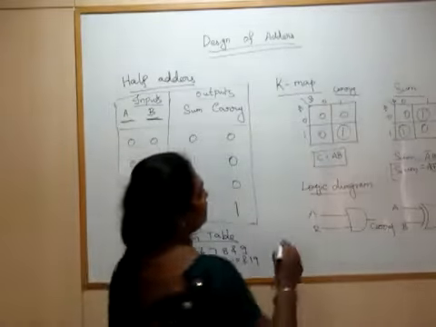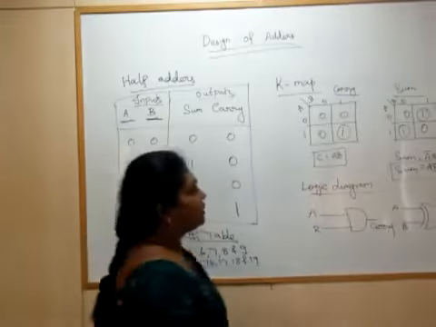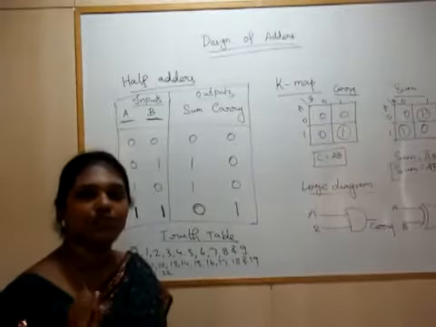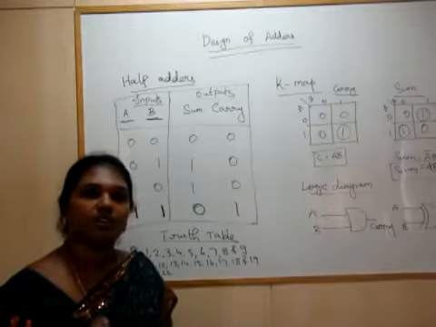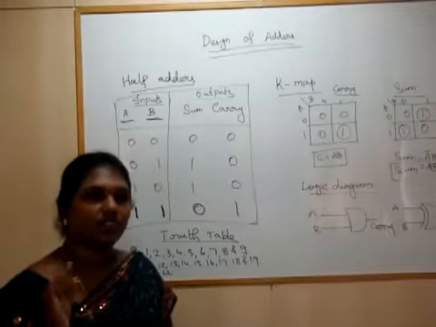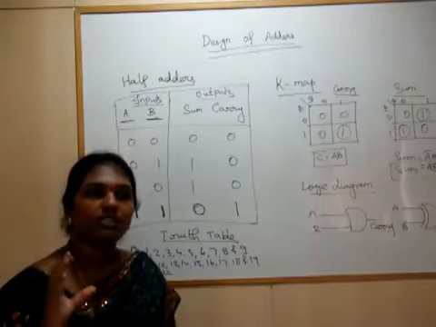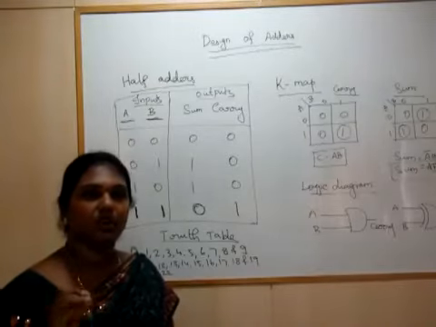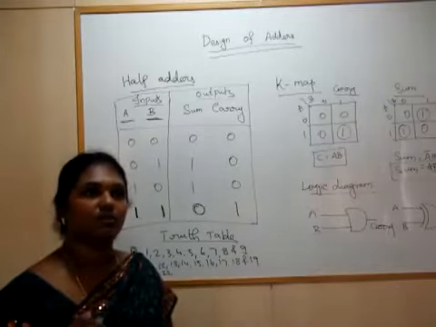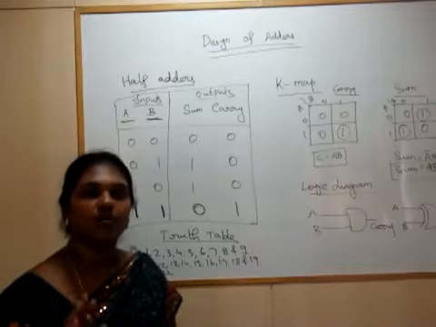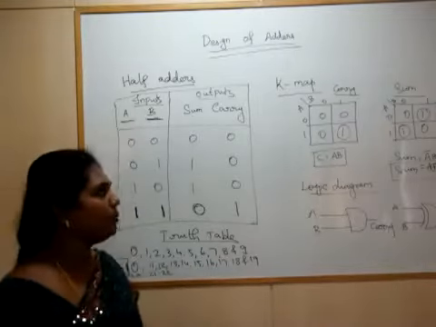Then the next step, after forming the truth table of the logic circuit, is to simplify and form the equations. You can form the equations through the Karnaugh map technique, simply called the K-map technique.